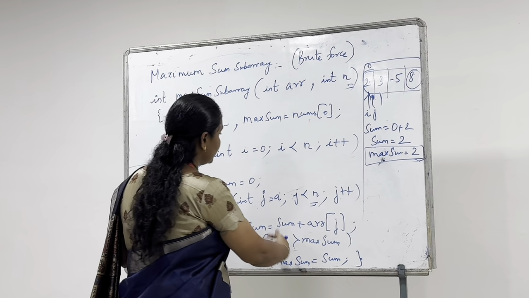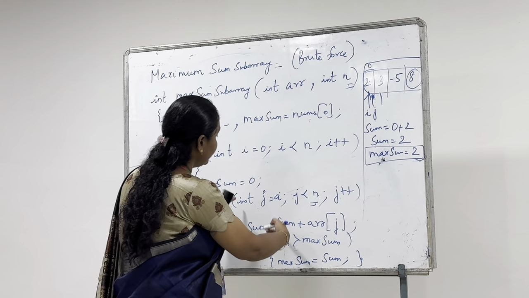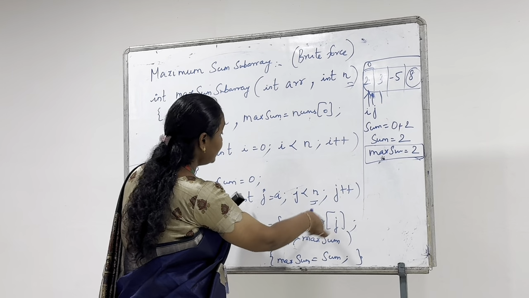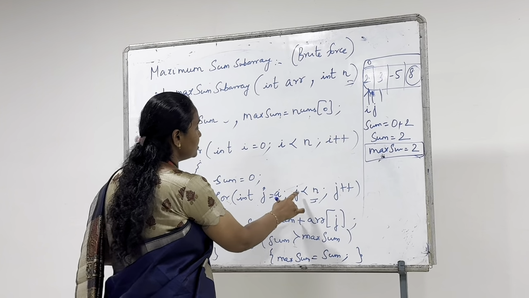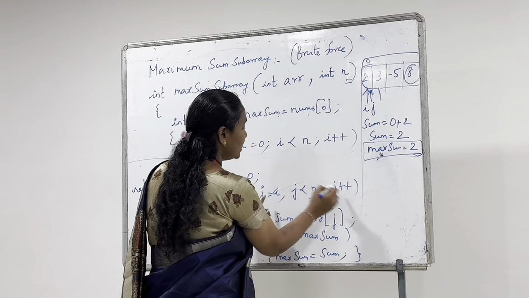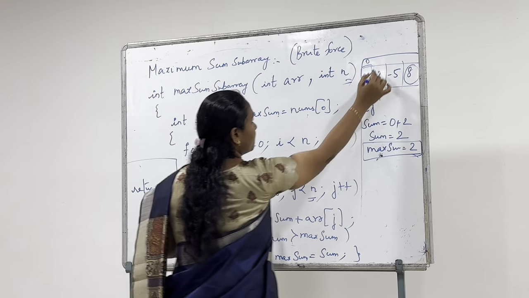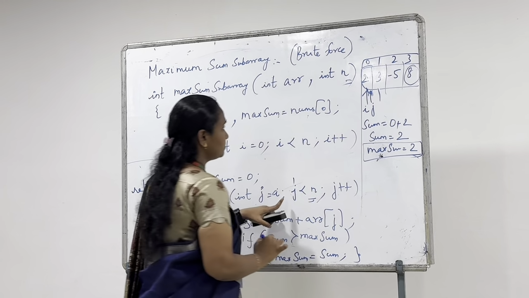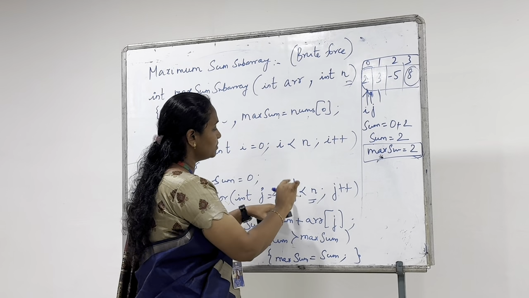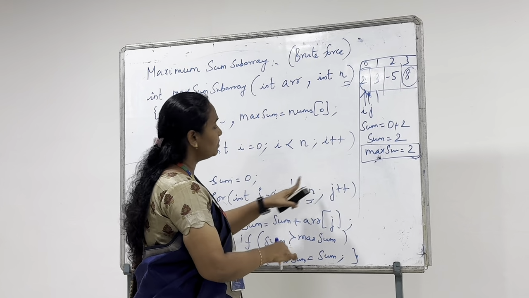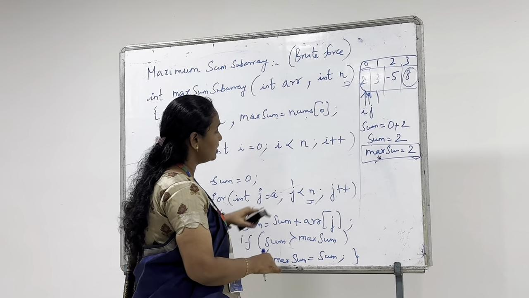Okay. Now the inner loop will iterate again, and j should be less than n. So now j is incremented. It was at the 0th index before, and now it moves to the first index.